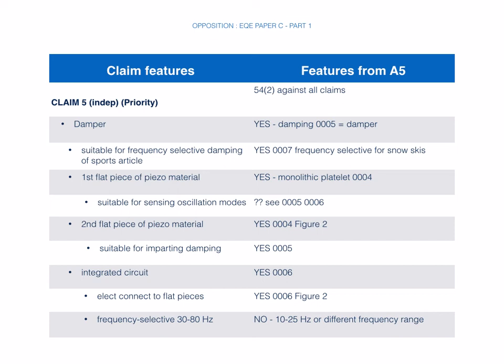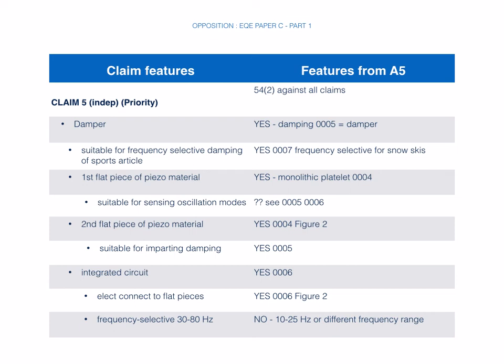Suitable for sensing oscillation modes, question mark, see paragraph 5 and paragraph 6. Second flat piece of piezoelectric material, yes, paragraph 4, figure 2. Suitable for imparting damping, yes, paragraph 5. Integrated circuit, yes, paragraph 6. Electrically connected to flat piece, yes, paragraph 6, figure 2.